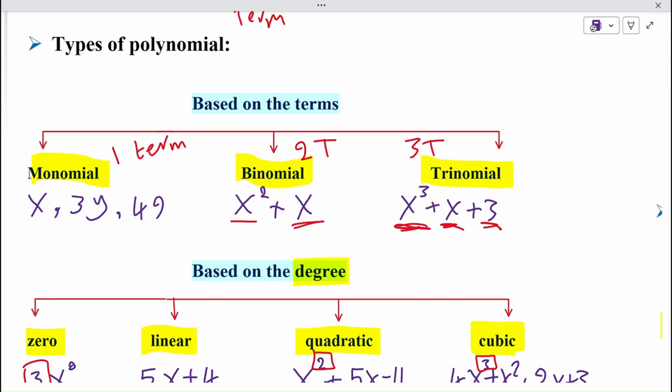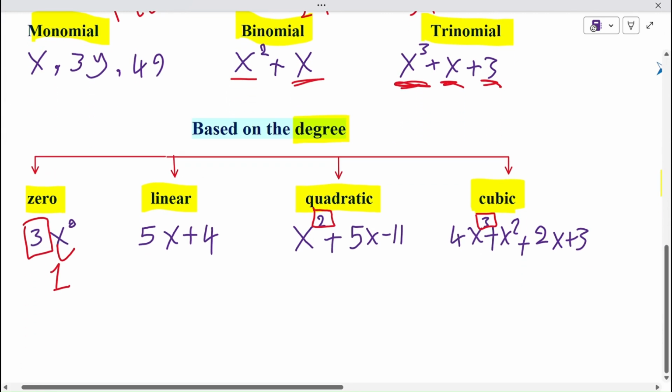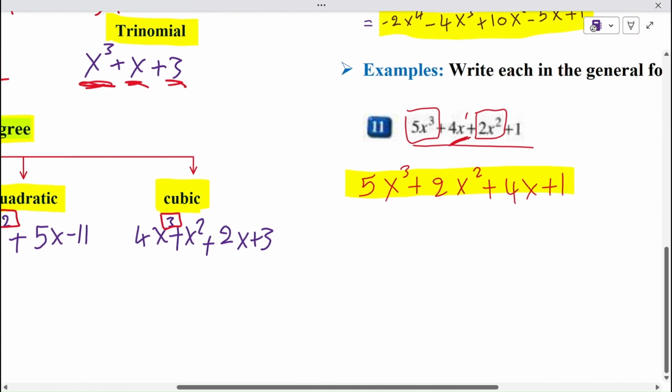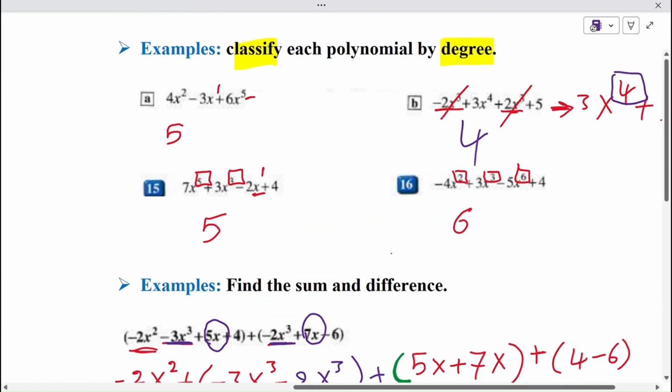Binomial means 2 terms. And trinomial means 3 terms. And based on the degree, it can be classified into 4 types. With the 0 degree, with first degree it means linear, second degree it means quadratic, third degree it means cubic. So all the examples are about classifying polynomials by degree.